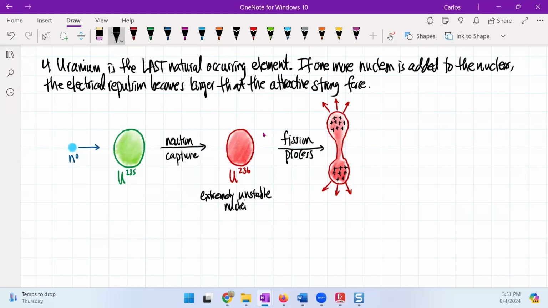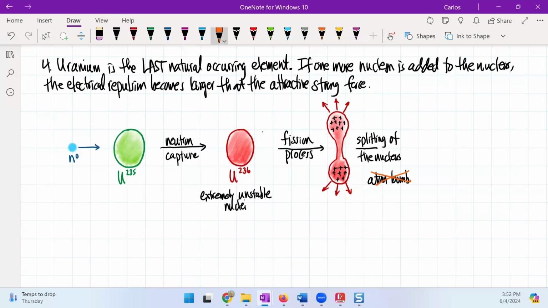And then you get what they call the splitting of the nucleus. We don't call it an atom bomb. That is wrong. We do not call it an atom bomb.